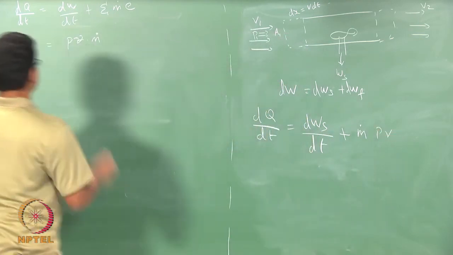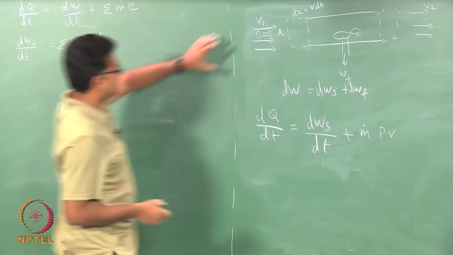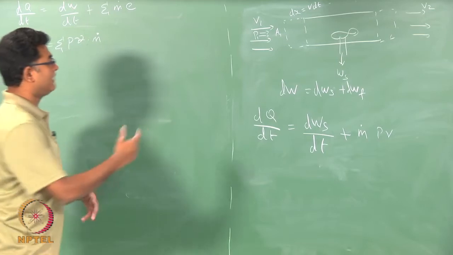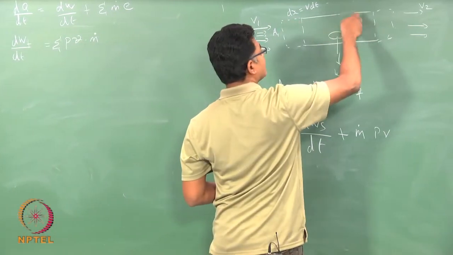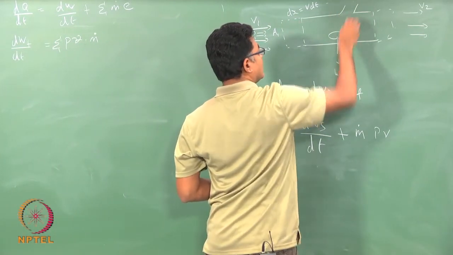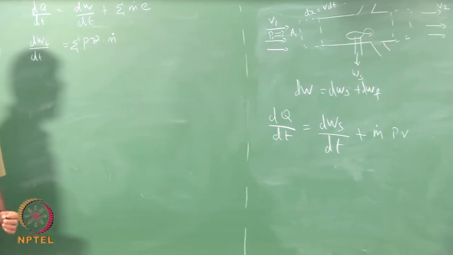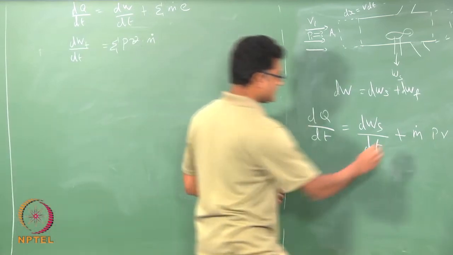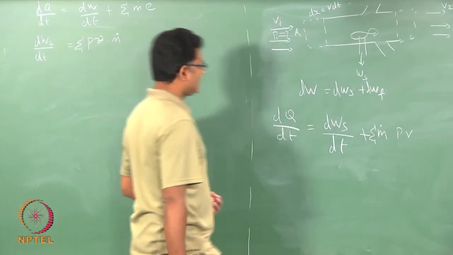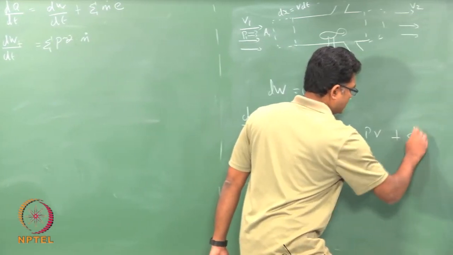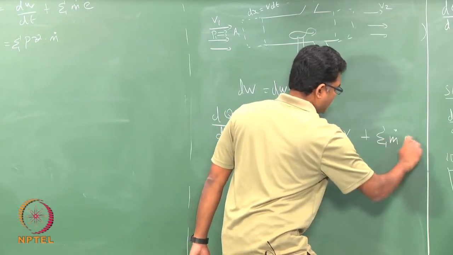Again there is a sigma here because there is an in and there is an out, and you can have several ins and outs. Sigma of all those should give me this. And then the other term, which is sigma m dot E.